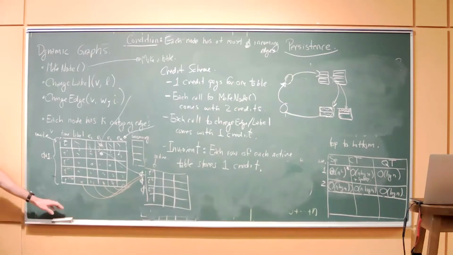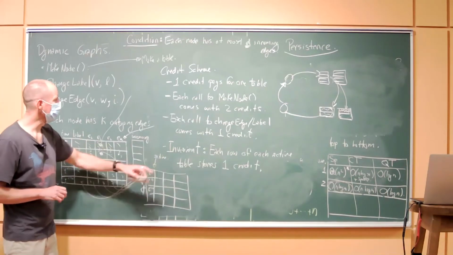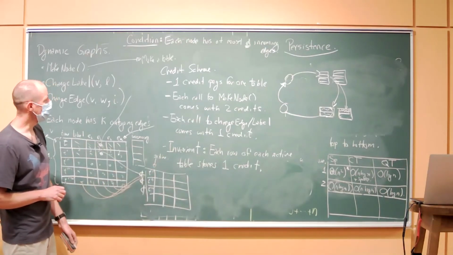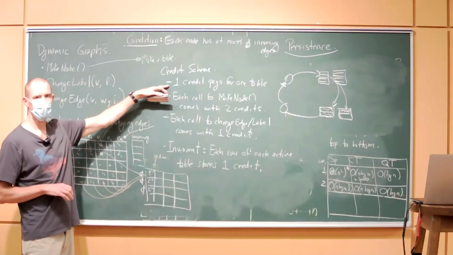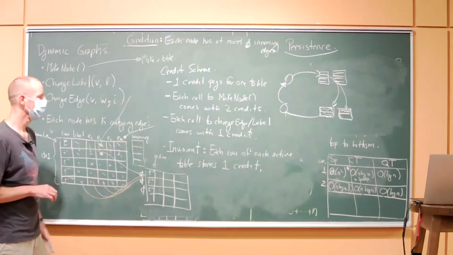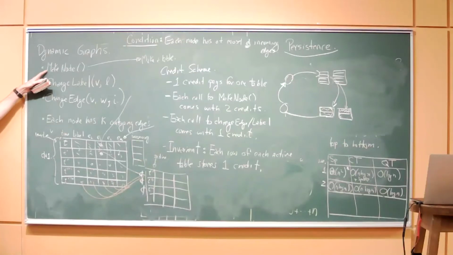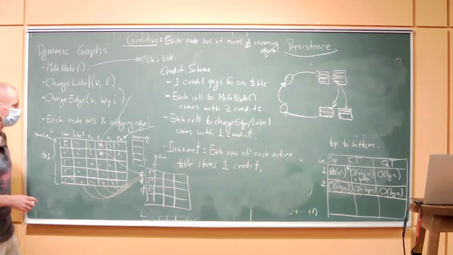All right, so let's see if we can maintain this invariant and at the same time pay for each table that we create. So make node creates a new table.